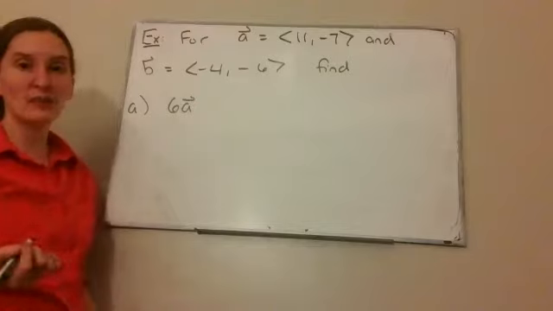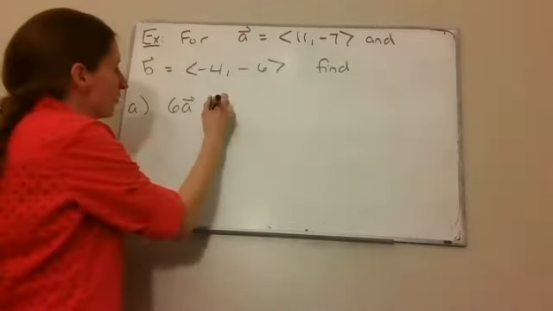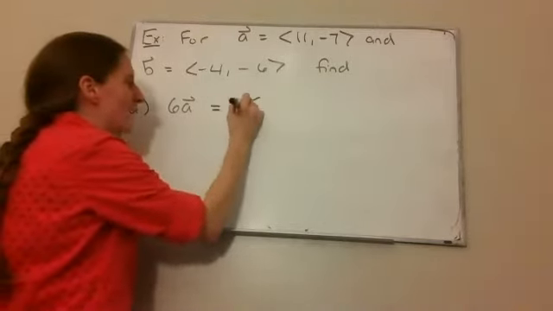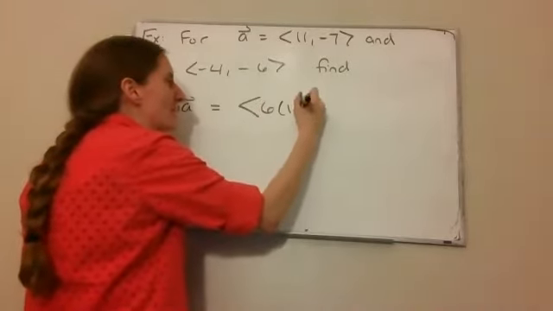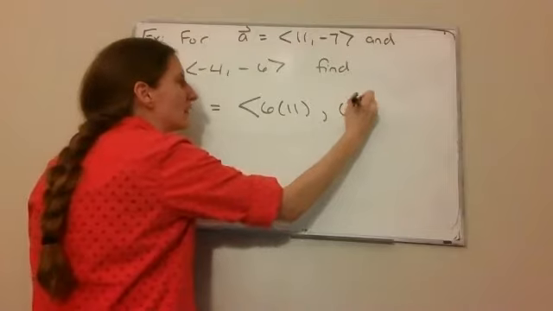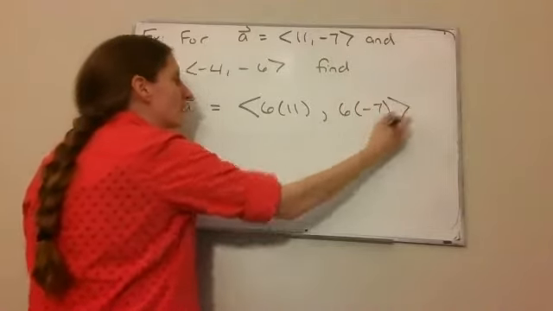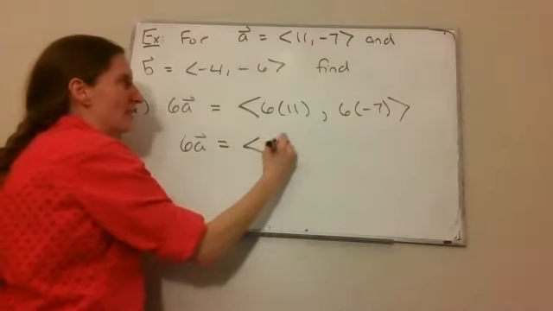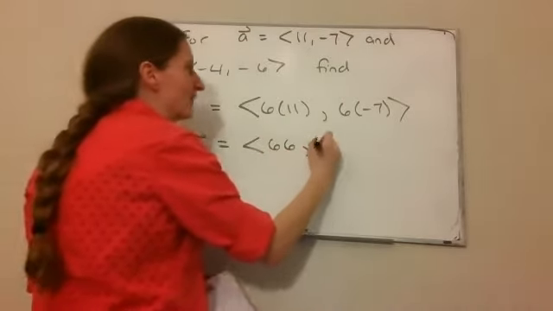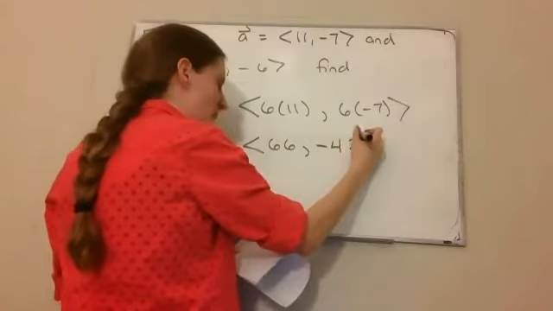So that's a scalar multiple of vector A. But we now know that I can find that by taking that scalar and multiplying it by each of my components. So the vector 6A is going to be 66 and negative 42.